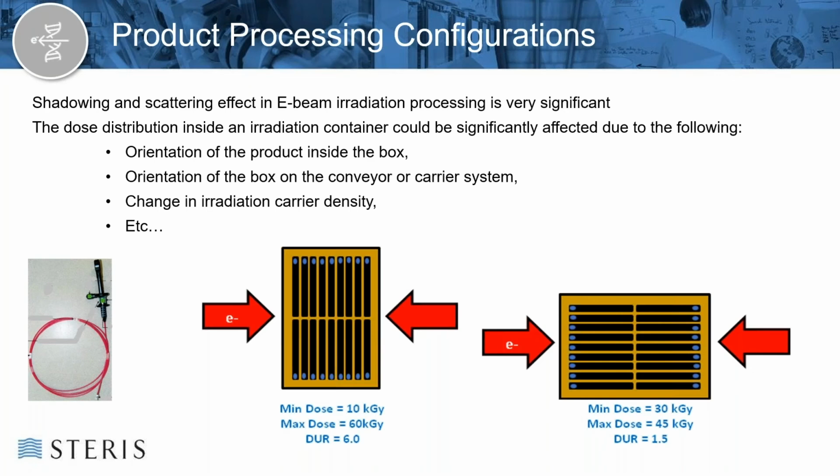You have two basic options being depicted here for orientation of that carton to the beam. And in this case, yes, our DUR is a whole lot better, that one on the right. Now you're penetrating a deeper depth, but in this case, it tended to work out better.